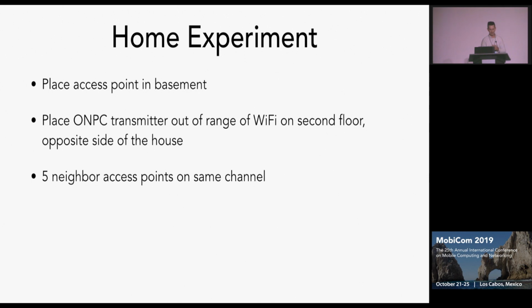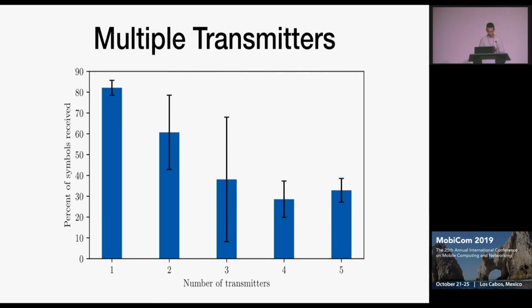We had 5 neighborhood access points all on the same channel, and lots of other devices all talking on the home network, and we were on that channel as well. And we had a 51% symbol reception rate and a 0% false positive rate. So once again, it's not amazing, but it's perfect for our application. Being able to receive a couple of symbols every few minutes is plenty for Staying Alive.